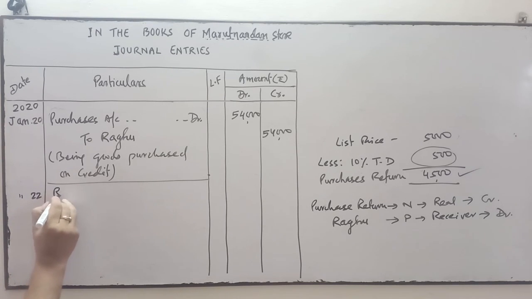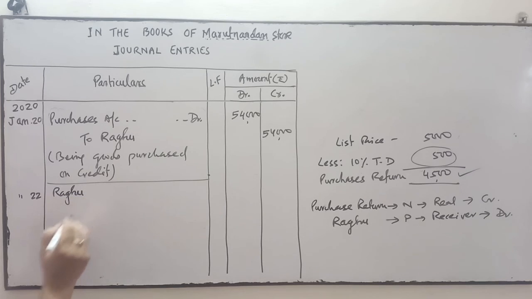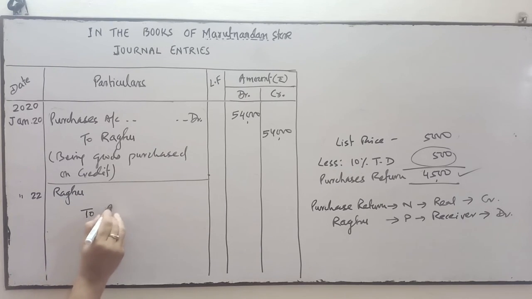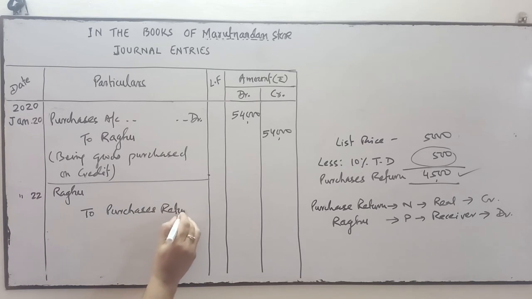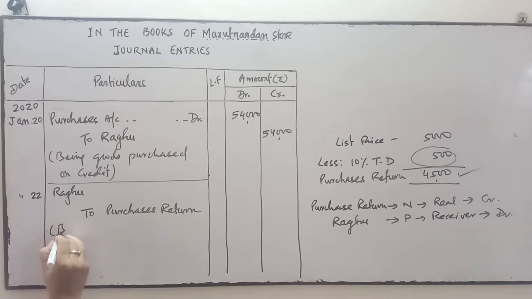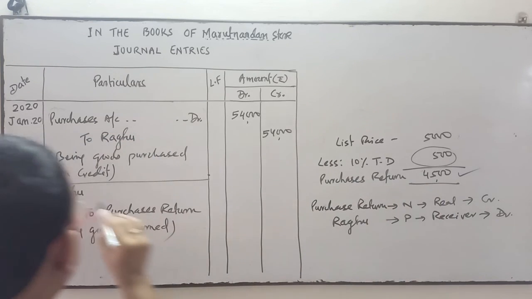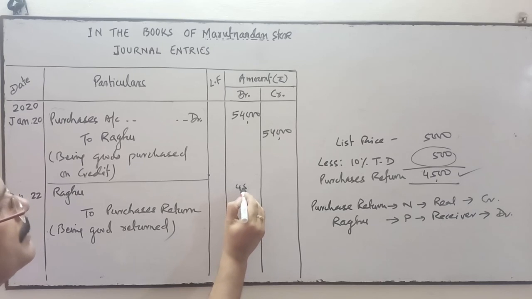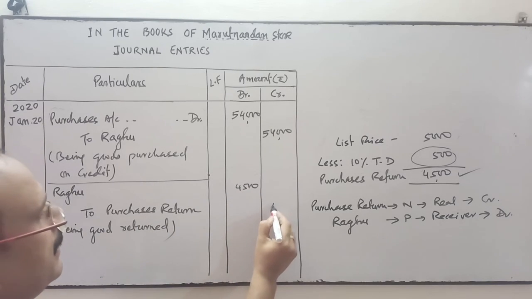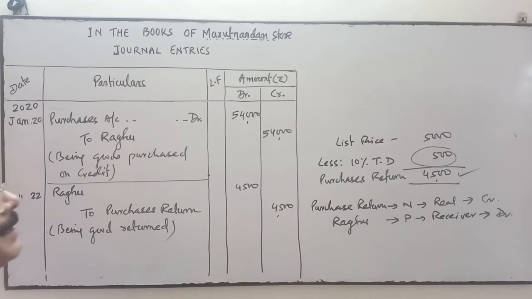So Raghu account will debit, and credit is purchase return. Purchase return is also known as return outward account, being goods returned. That's it. This figure will take it over here. So Raghu account will be debited with 4,500 and purchase return account will be credited with 4,500. So this transaction is completed.